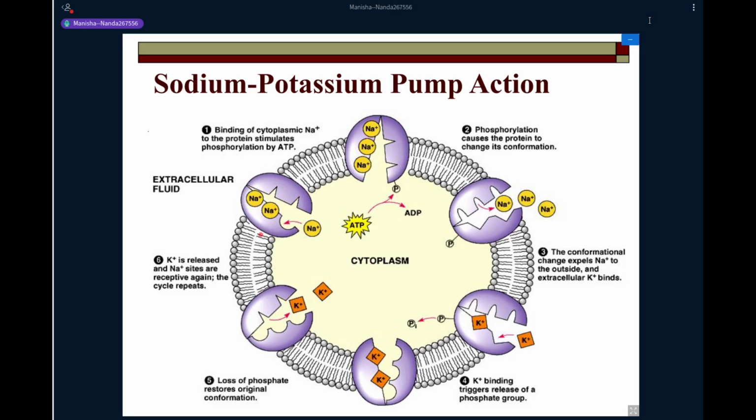In this way, these cells maintain their intracellular concentration of sodium and potassium by transporting these ions against their concentration gradient through active transport.